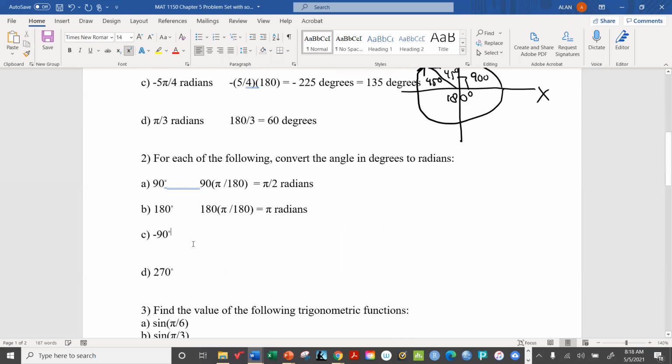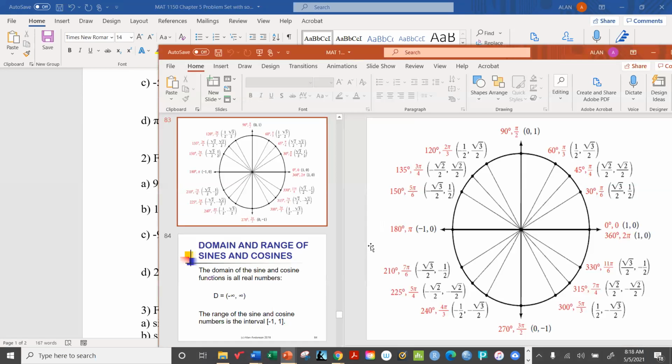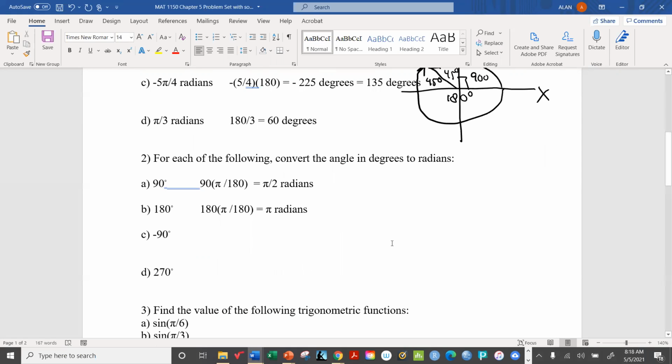Okay, negative 90. Now negative 90, we can leave it as negative for the time being. But I think it might be easier, once again, because it's a negative angle, to convert it to a positive angle. It just seems like positive angles are easier to visualize.